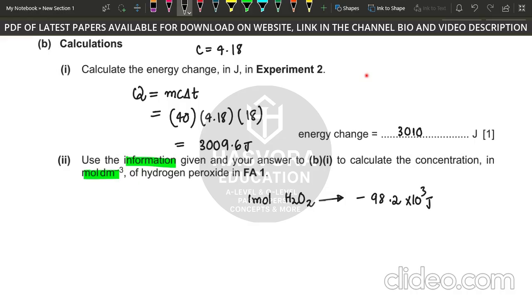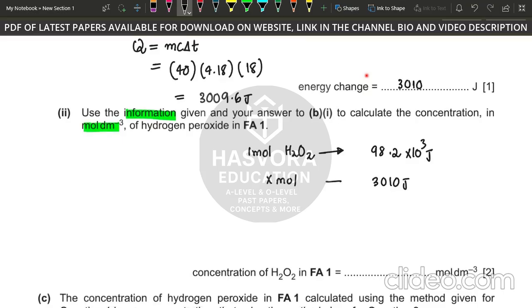Now if 1 mole of H2O2 releases 98.2 kilojoule, so how much x moles will be releasing 3010 joules. Okay, so do not forget the kilojoule in the first one. So now you can just cross multiply. This is the simple type of question, but most of the students struggle to find out that how we are going to be solving that.